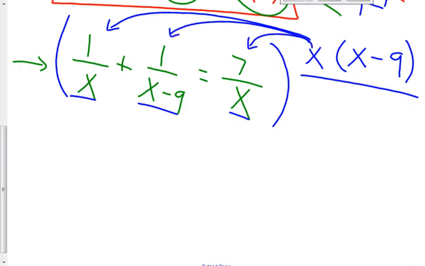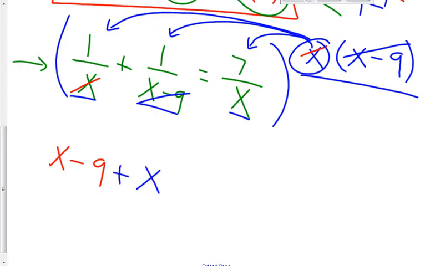So with our first term, this x and this x cancel, so it's 1 times x minus 9, which is x minus 9. Now with my second term, this time the x minus 9's cancel, and now it's just x times 1, which is x.